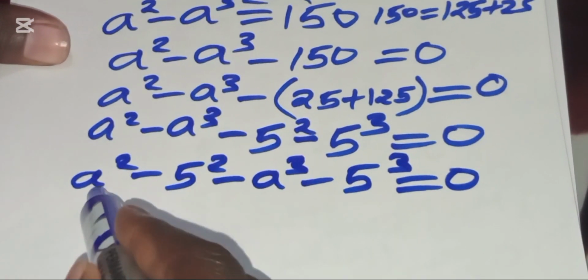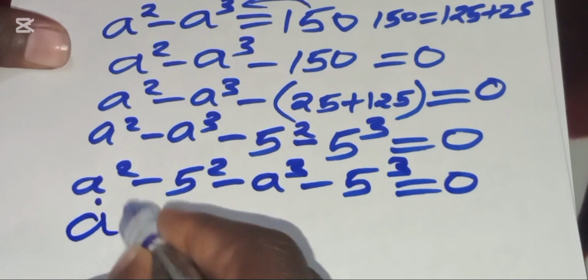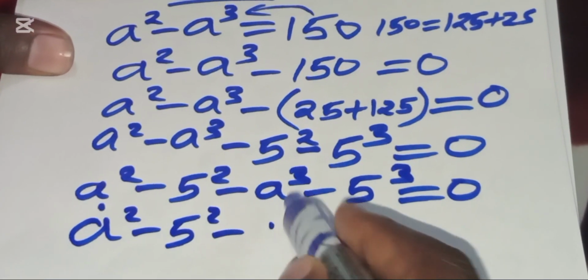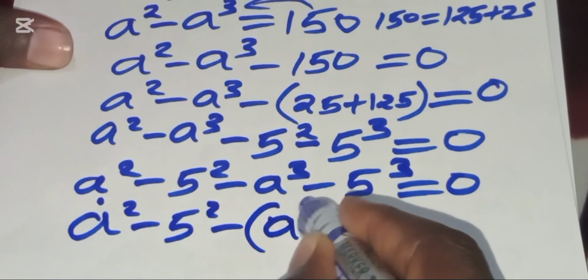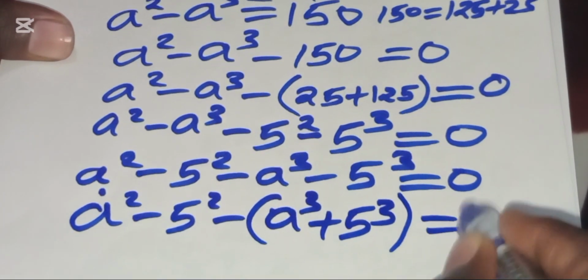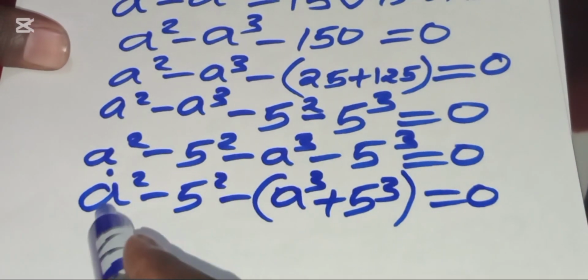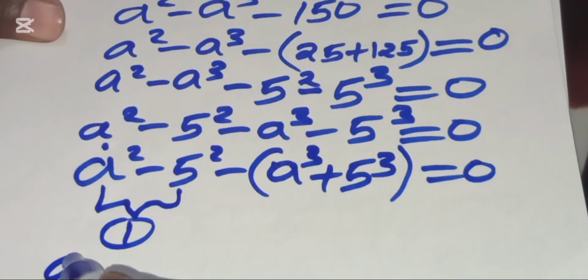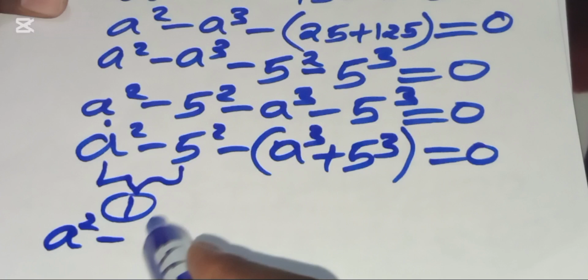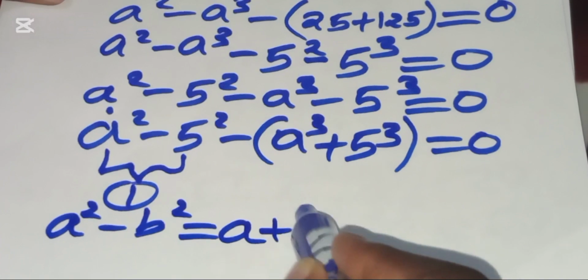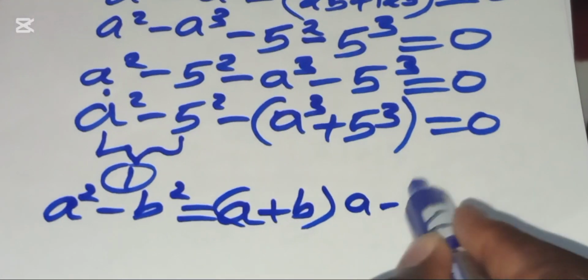Now we have the first part, which is a squared subtract 5 squared, and then we can express this as a cubed plus 5 cubed. This is equal to 0. As you can see, the first part is actually the difference of two squares, expressed as a squared minus b squared, which can be expressed as a plus b, a minus b.